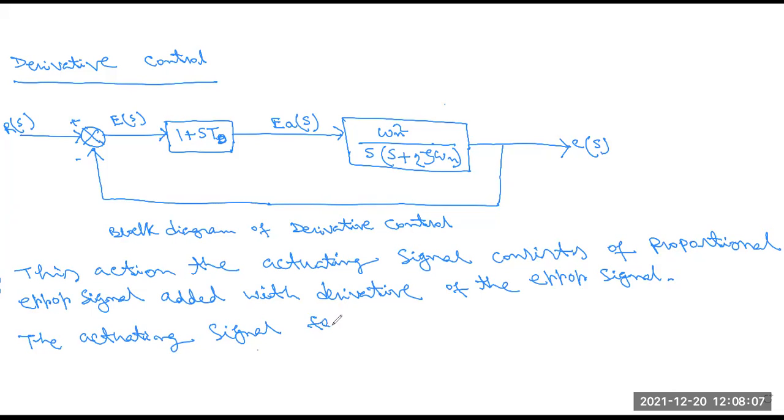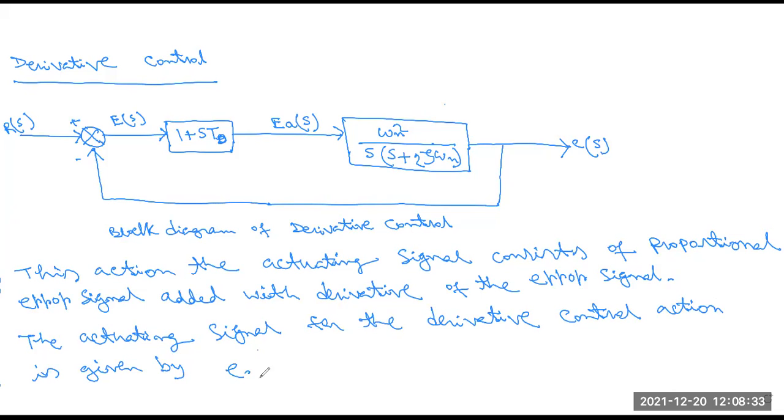The equation is ea(t), in terms of time, equals the error of the system e(t) plus TD times de(t)/dt, the derivative of the error with respect to time.